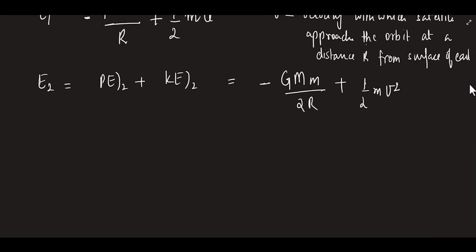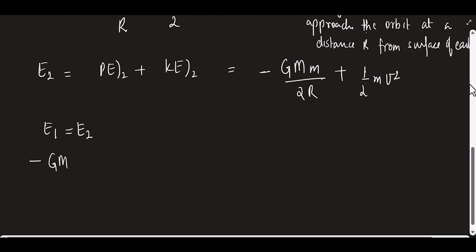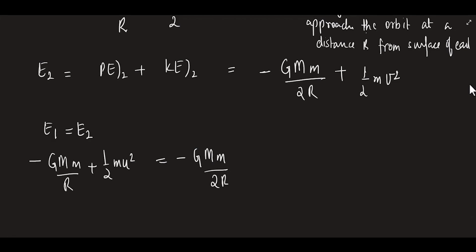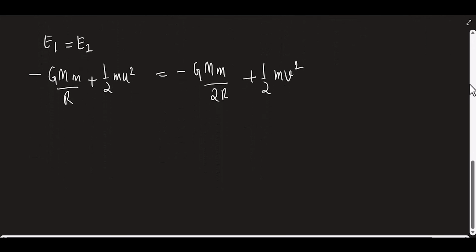We know by the law of conservation of energy, energy can neither be created nor destroyed. E1 is equal to E2. So simply minus GMm by r plus half mu square is equal to minus GMm by 2r plus half mv square. From here we want to calculate the velocity with which our satellite is approaching point 2.